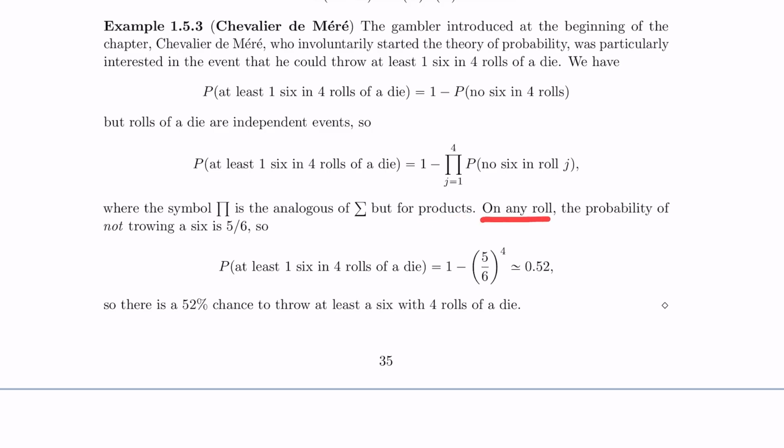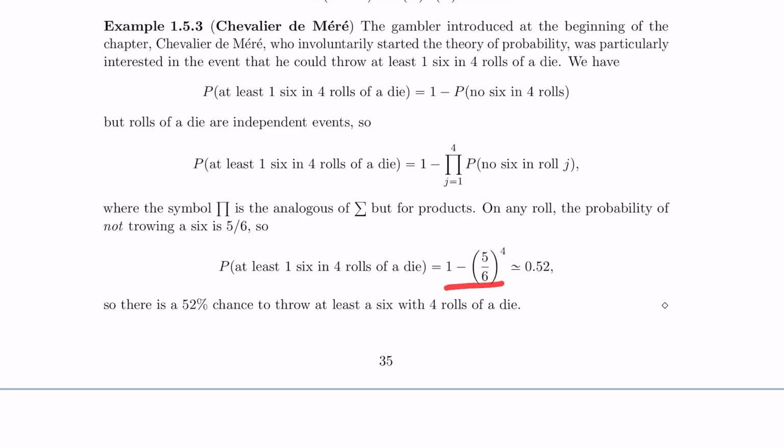Now, in any roll, the probability of not throwing a 6 is, of course, 5 divided by 6. Hence, we can rewrite this probability as 5 divided by 6 multiplied by itself 4 times, that is, elevated to the power 4.